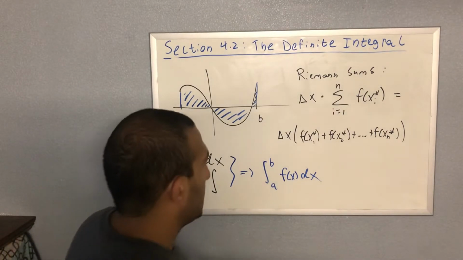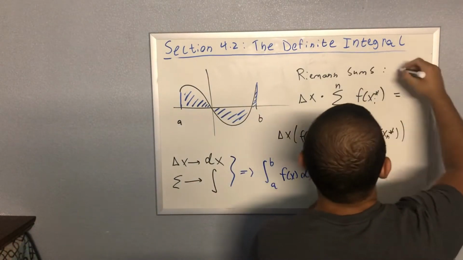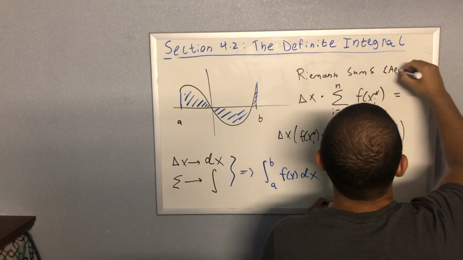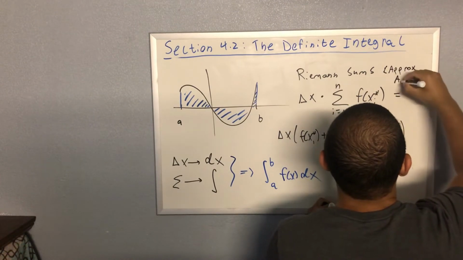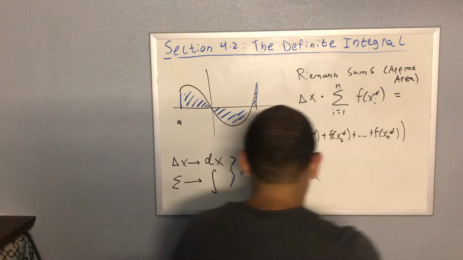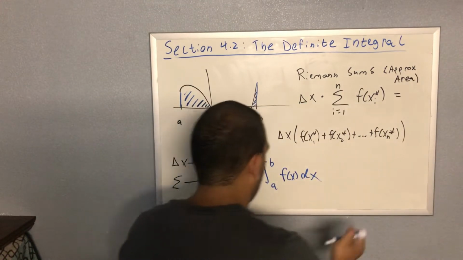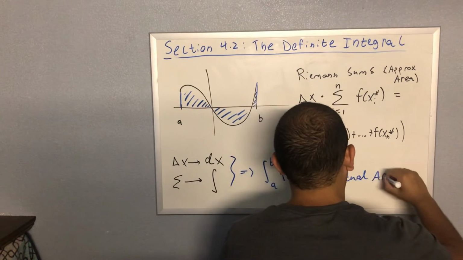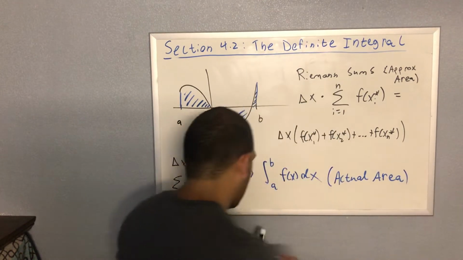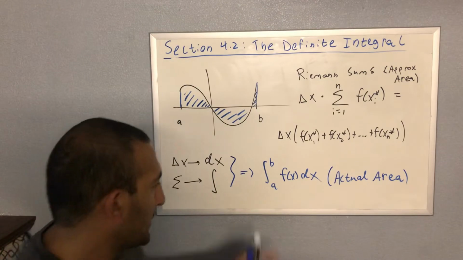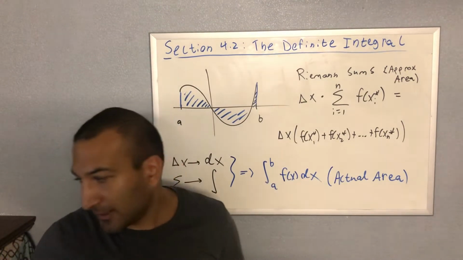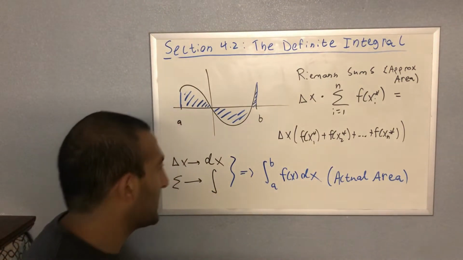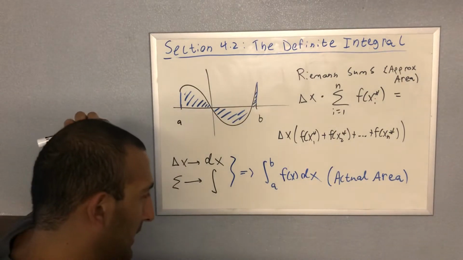So this is the approximate area. This is the actual, perfect area. All right, so that's all well established, so we know what this means. It looks very daunting at first, but that's all it means. It's just the area under the curve.